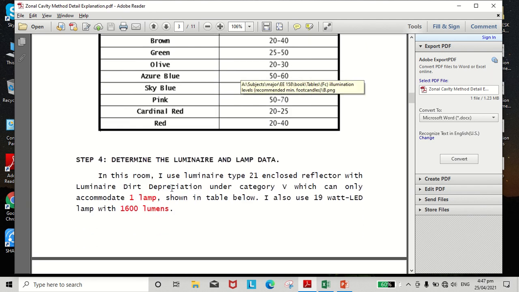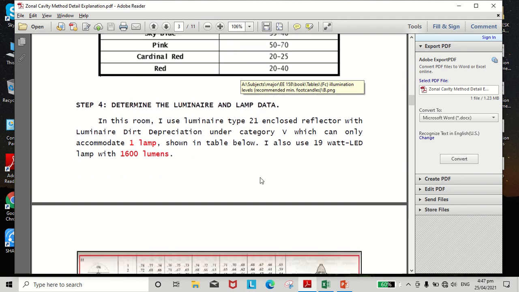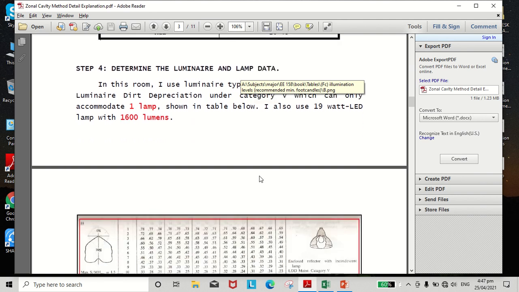Step 4: determine the luminaire and lamp data. This is based on what luminaires you will use.